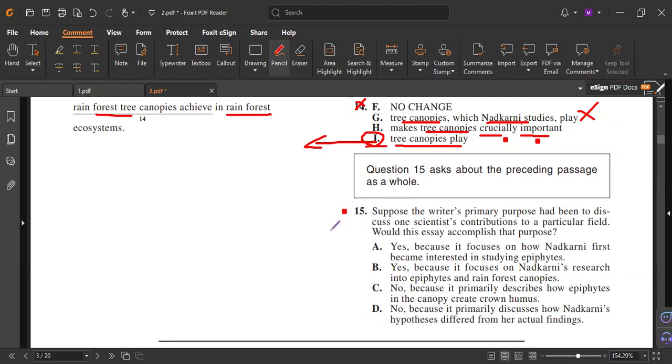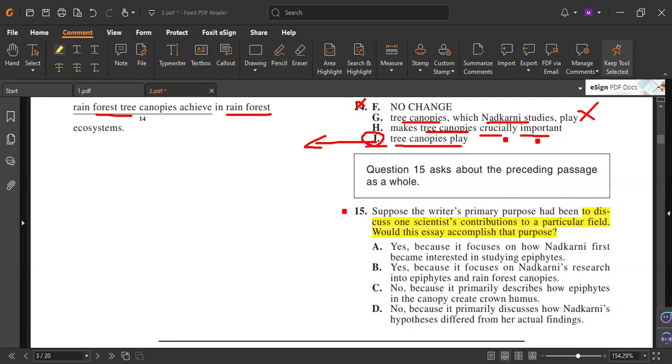Now, the last question comes in any test. We test you on the primary purpose of the essay. It could be an essay, it could be a text, or whatever. So the writer's primary purpose is to what? What is the primary purpose? To discuss one scientist's contributions to a particular field.